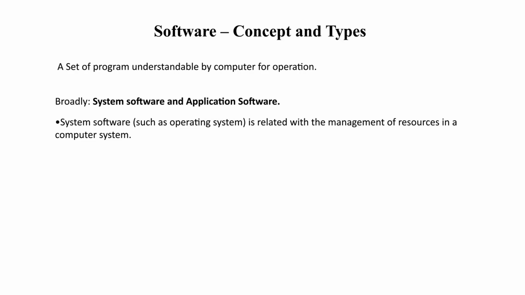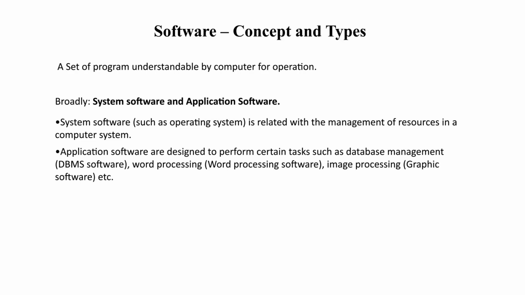On the other hand, application software is designed to perform certain actions or tasks. If we talk about the task of data management, then we need data management software. If we talk about the task of word processing, then we need word processing software like MS Word or OpenWord.